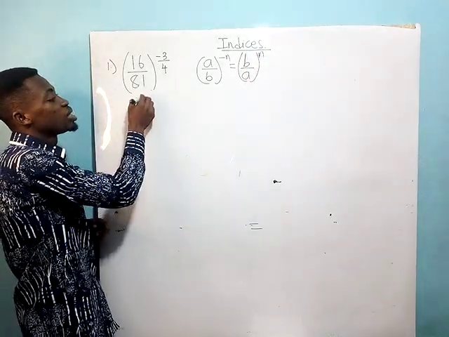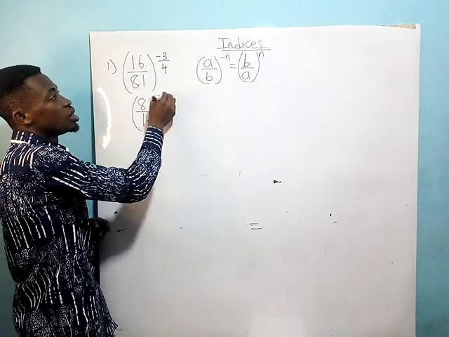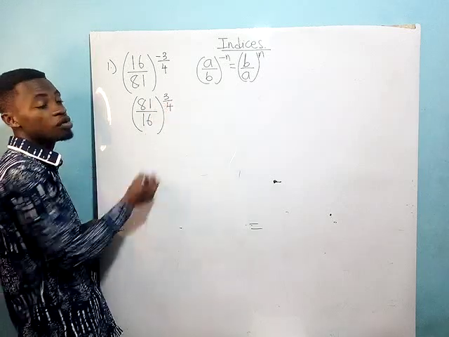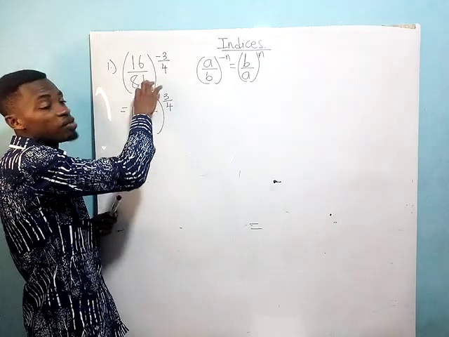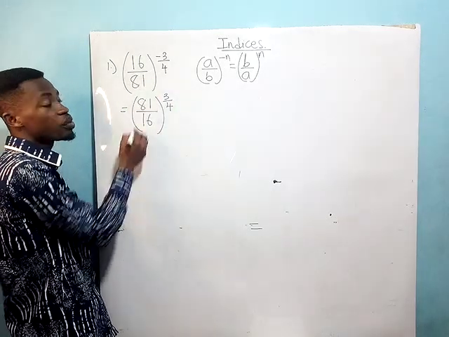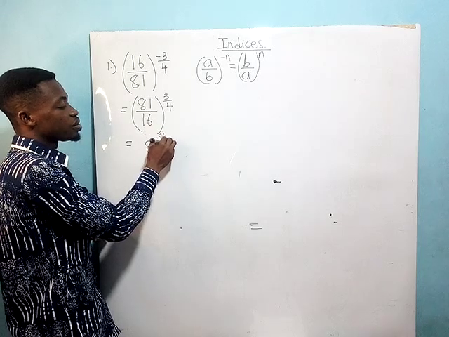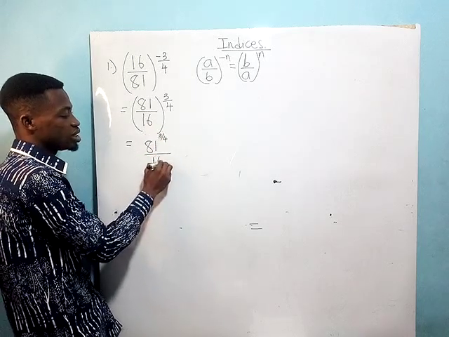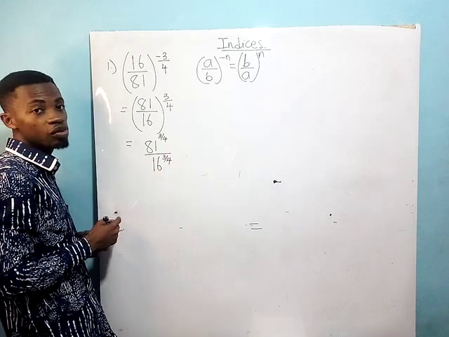So this is going to be written as 81 on 16 all raised to the power 3 over 4. And we learned that the exponents affect each of them. So we are going to have 81 to the power 3 on 4 over 16 to the power 3 on 4.